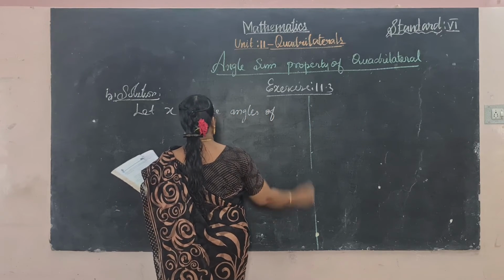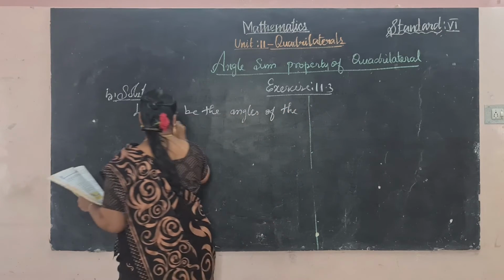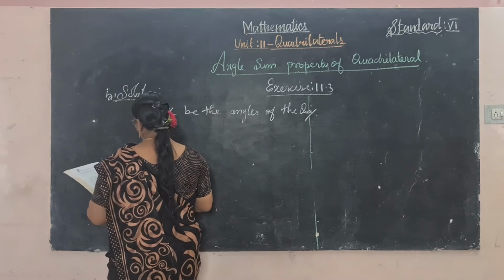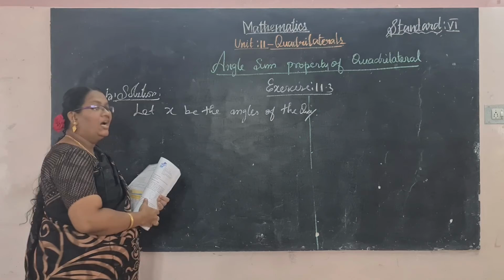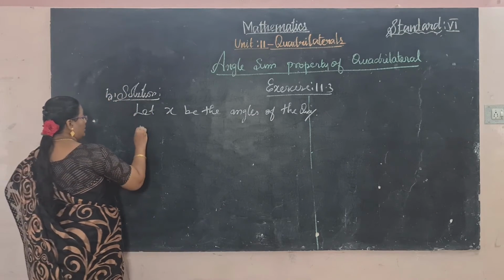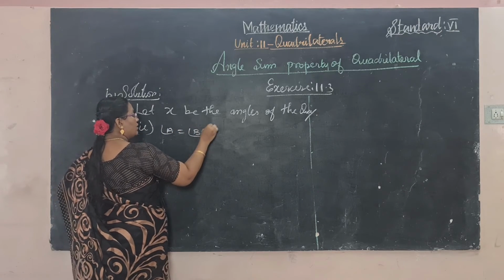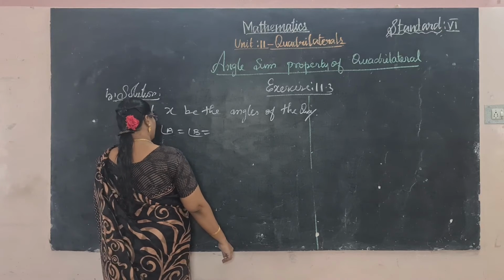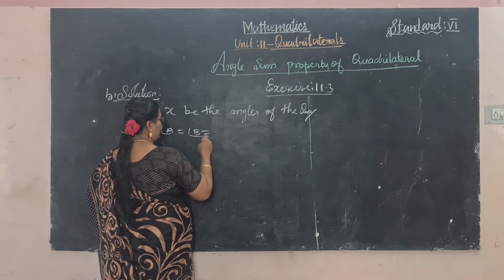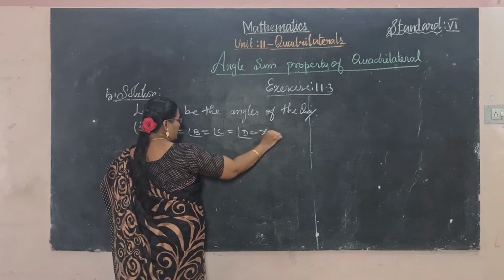So in the quadrilateral, all the angles are equal. That is, angle A is equal to angle B is equal to angle C is equal to angle D equal to x.